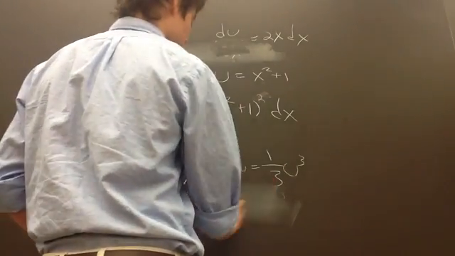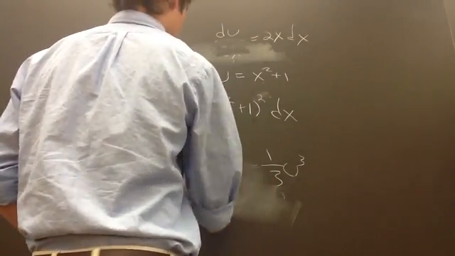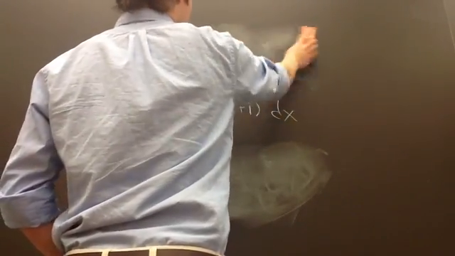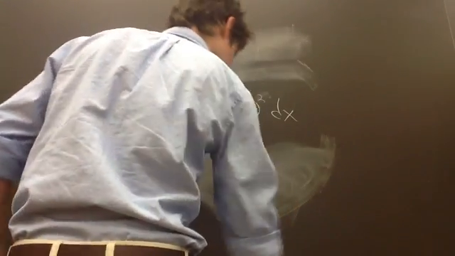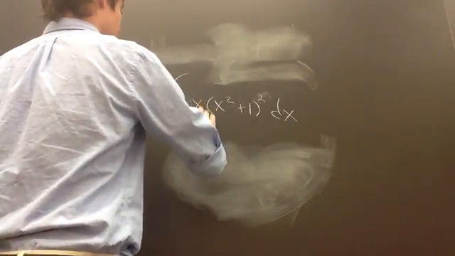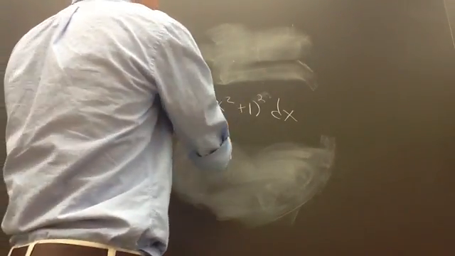Now, unfortunately, there are cases in which the numbers don't work out so perfectly. For example, say you just took off the 2. Now the derivative of x squared is 2x.